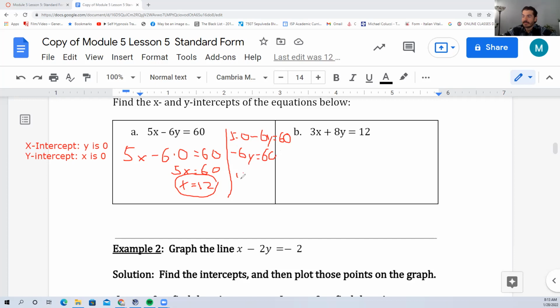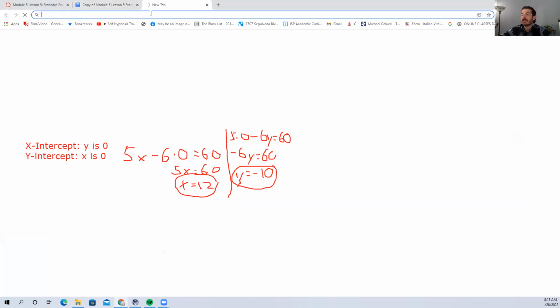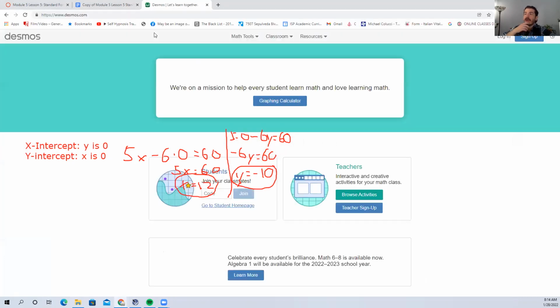And y is equal to negative 10. And this is my y-intercept. Okay, this is the algebraic way of doing that problem. By algebraic, I mean I didn't look at anything graphically. I just plugged numbers into my equation.